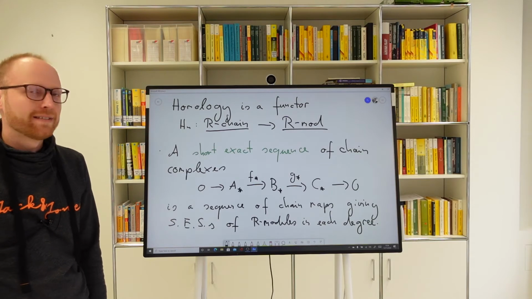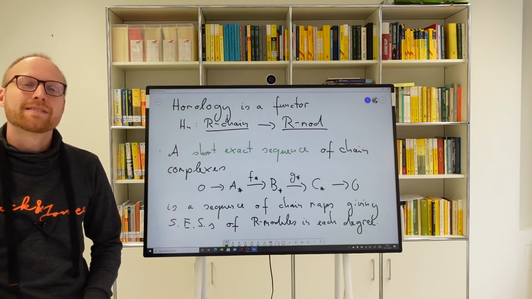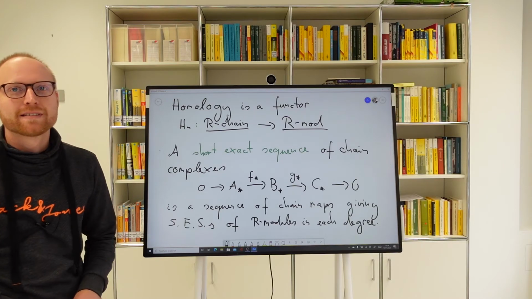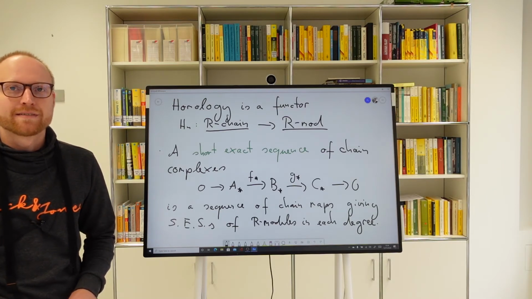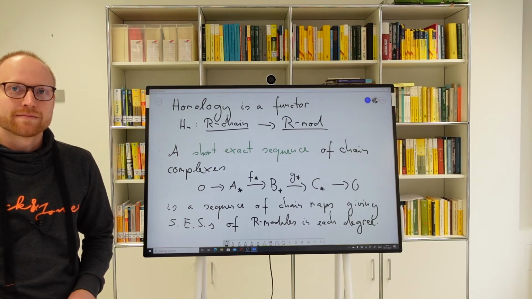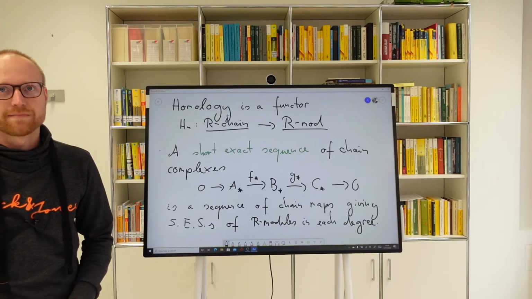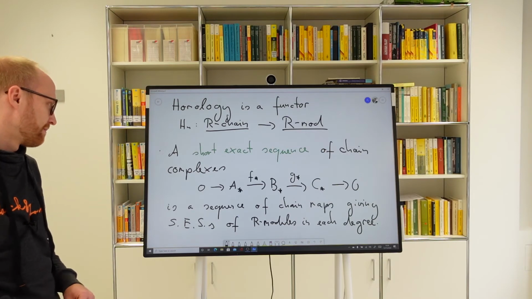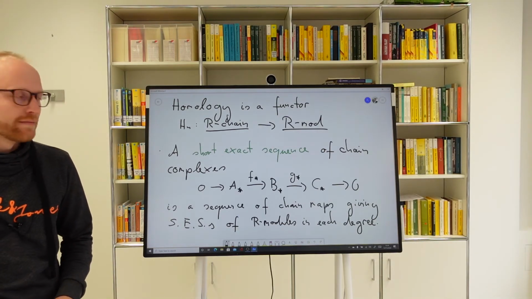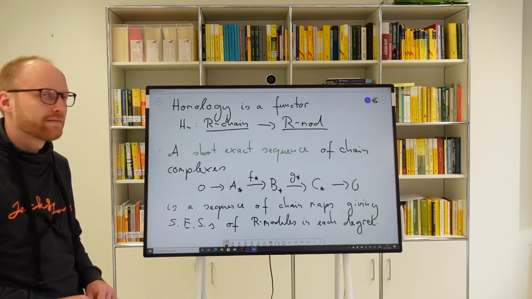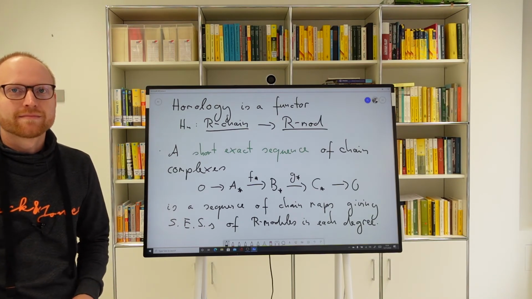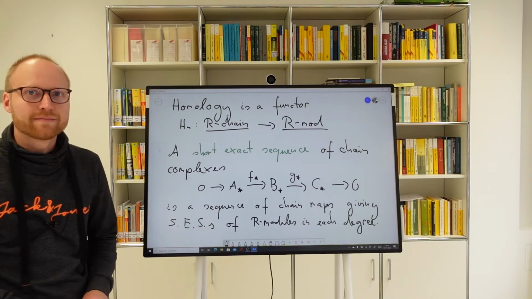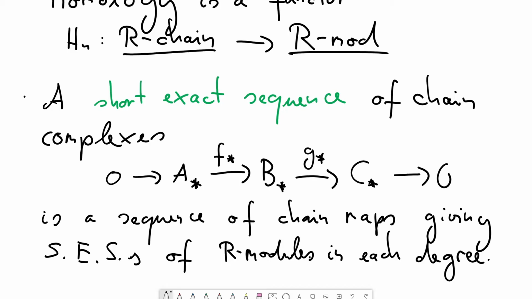But to make it concrete, for example, we had this fact that we used in the long exact sequence, that if you have a short exact sequence of R modules and this sequence splits, for example, there is a map from C to B that splits the map G, then B is the direct sum of A and C. And that holds exactly in the same way for chain complexes. So if you have now a chain map from C star to B star, such that the composition with G, followed by G, is the identity on C star.